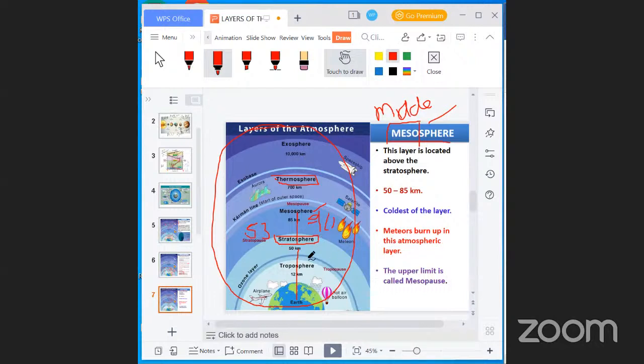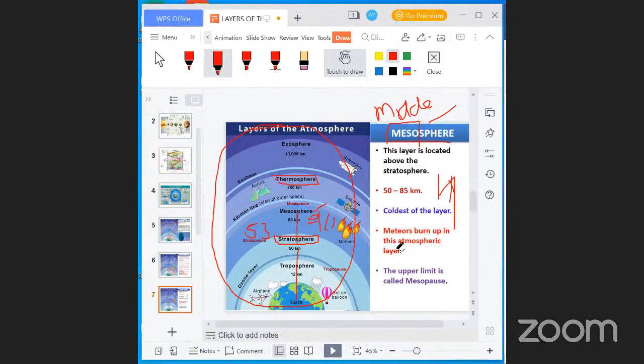The air in the mesosphere is far too thin to breathe. Air pressure at the bottom of the layer is well below 1% of that at sea level and continues dropping as we go higher.